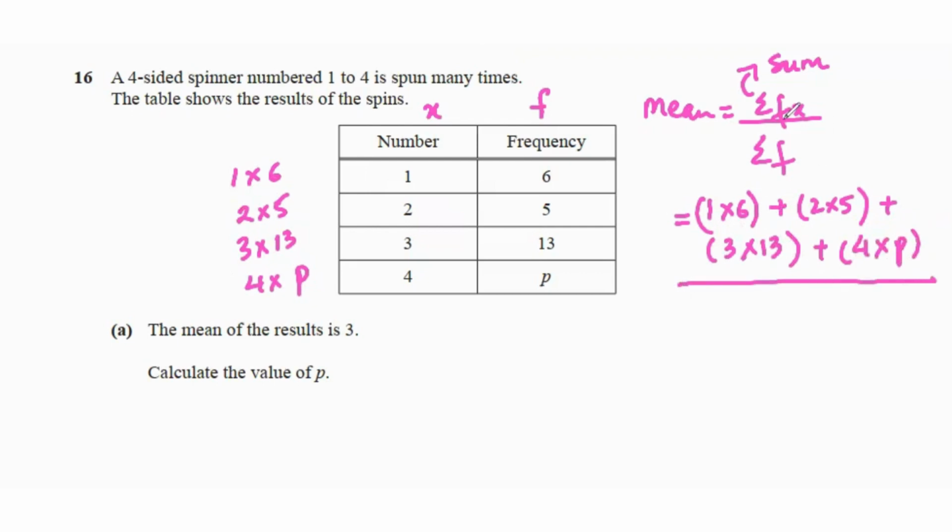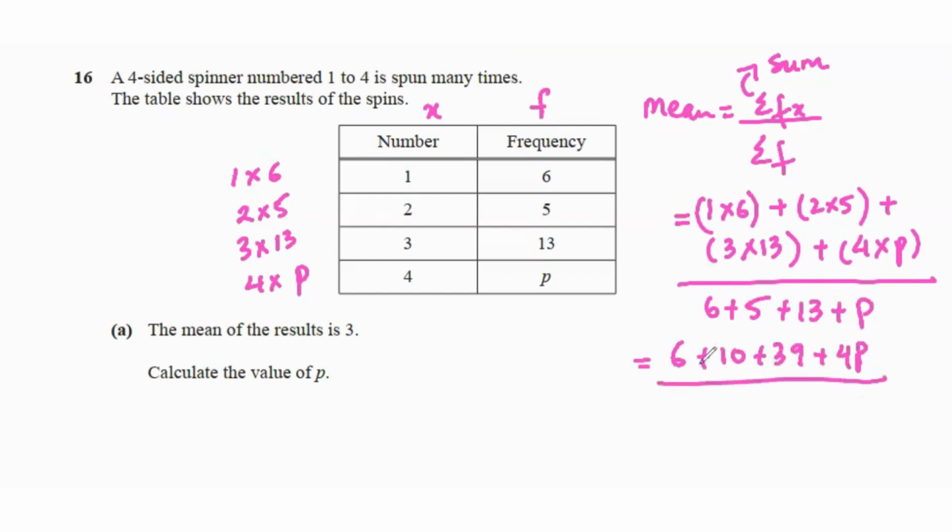And all of this is divided by your sum of frequency, which is 6 plus 5 plus 13 plus p. If you simplify that, that's going to be 6 plus 10 plus 39 plus 4p over 24 plus p. Now this entire thing is equal to the mean of the results, which is 3.